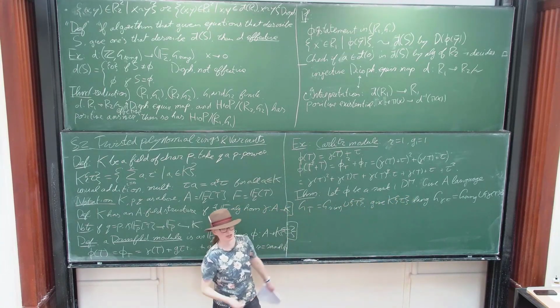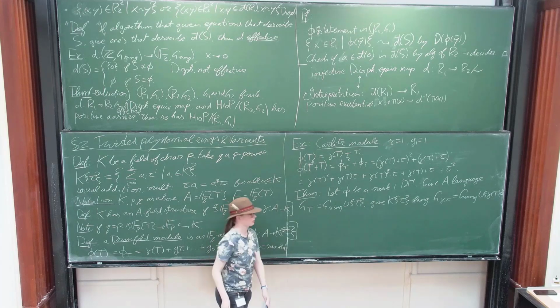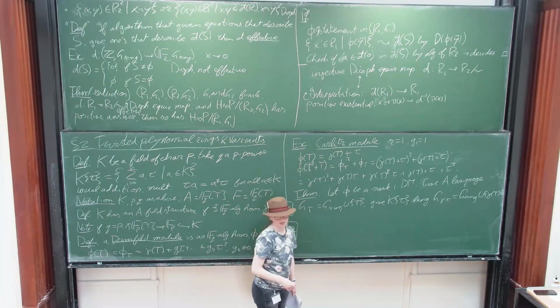You can get rid of the gamma of t by making a different A-structure, but for now we're just going to keep it here.